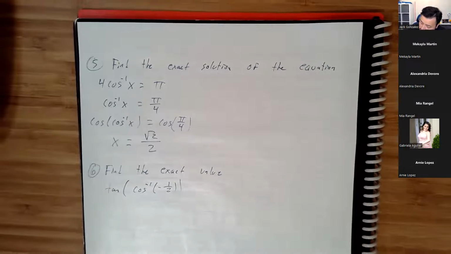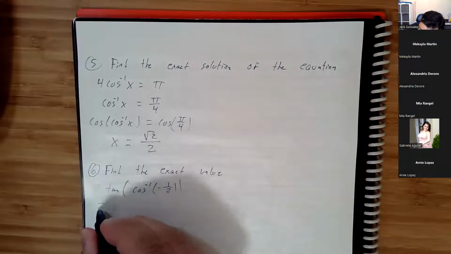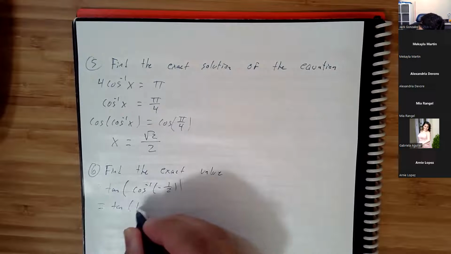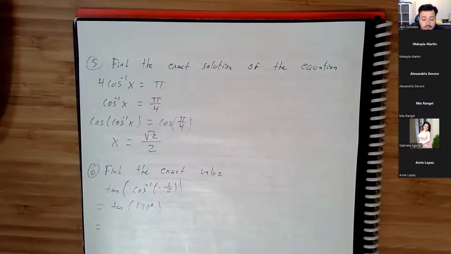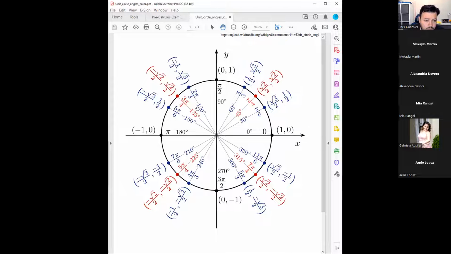So this becomes tangent of 120 degrees. Tan of 120, well, look at your circle. Actually, let's do that part together. Look at the circle. 120 is right here. We know that it's y over x, right? So we should have square root 3 over 2 divided by -1/2.